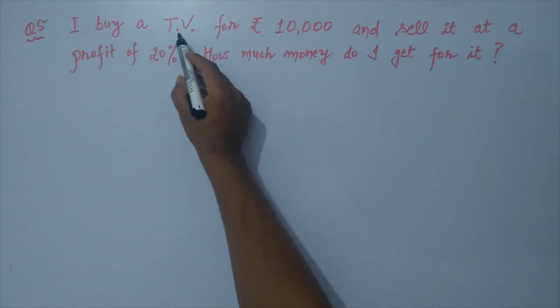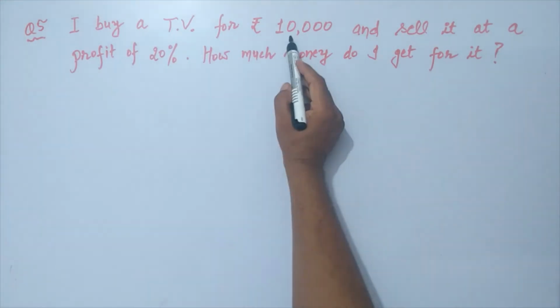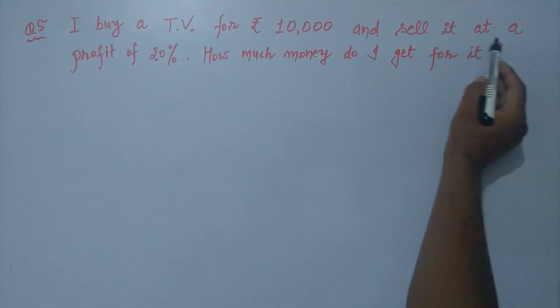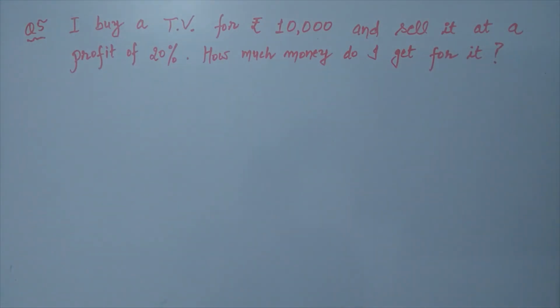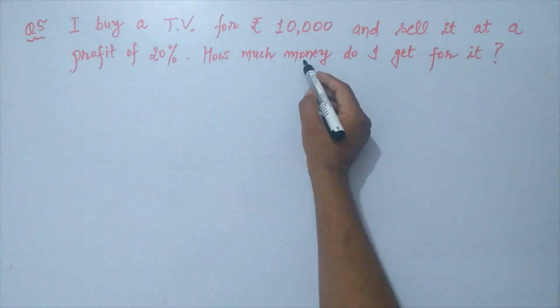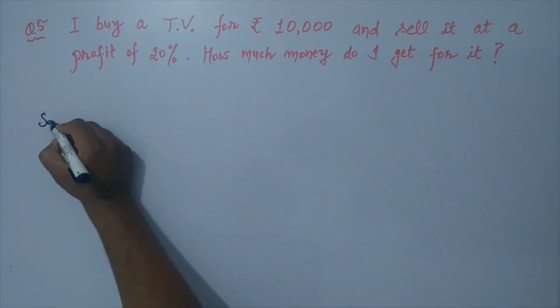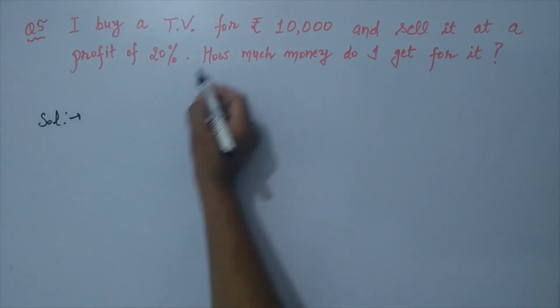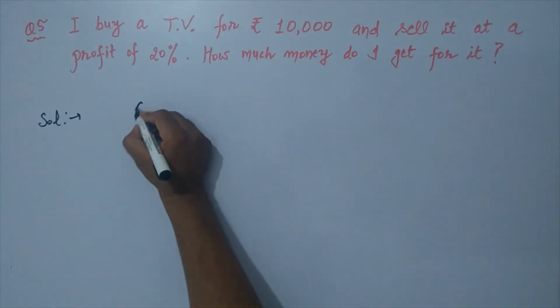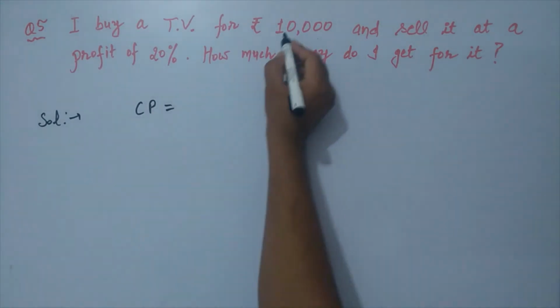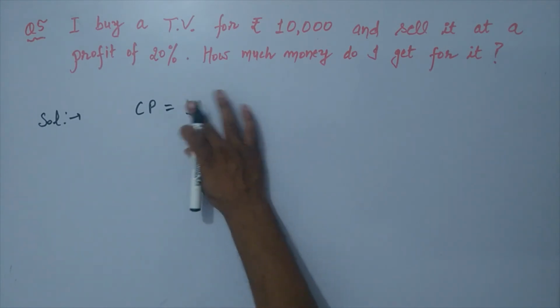I buy a TV for rupees 10,000 and sell it at a profit of 20%. How much money do I get for it? We have the cost price. Cost price is equal to rupees 10,000.